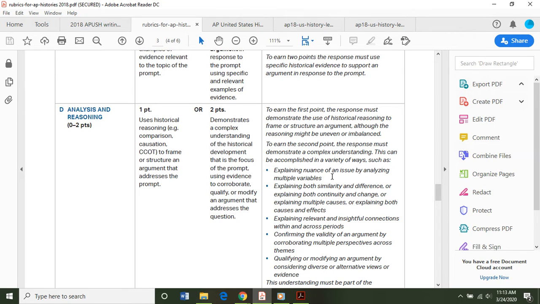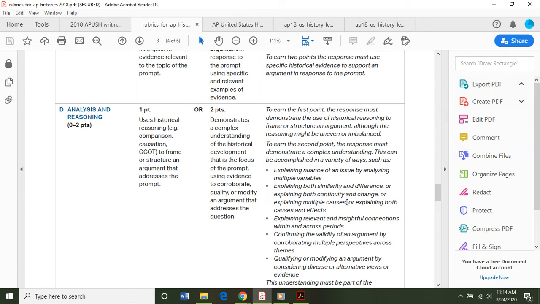There are different ways to get it. There are easier ways, I think, to get it. One of the ways is you do both parts of the historical reasoning skill. If it's looking for similarities, you also talk about differences. If it wants continuity, you talk about change. And also, if you're doing causes, talk about the effects.